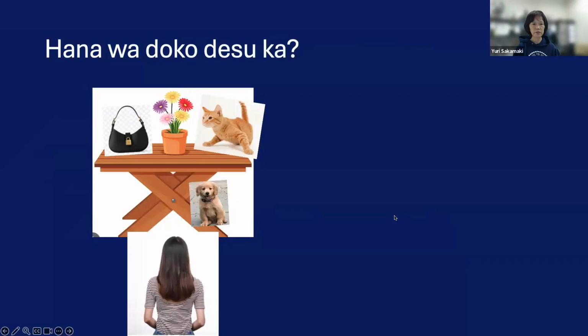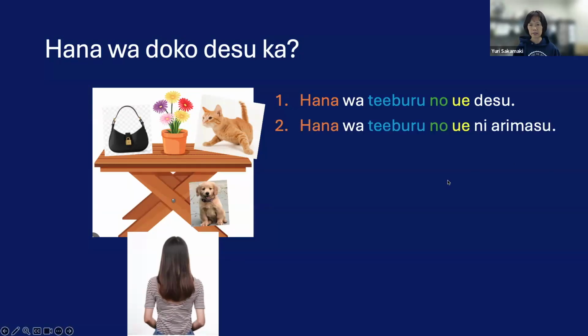All right, so a familiar picture. So, 花はどこですか? So we learned 花はテーブルの上です. So this was just followed by desu, but now we learned how to use あります, います. So we can make this sentence a little bit more complicated by using あります or います.